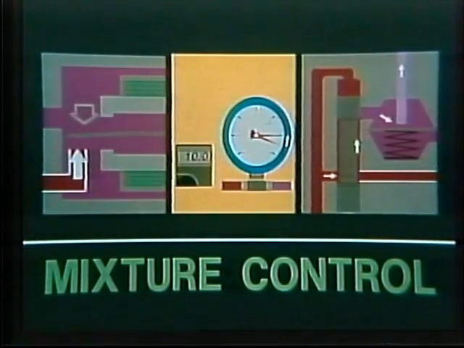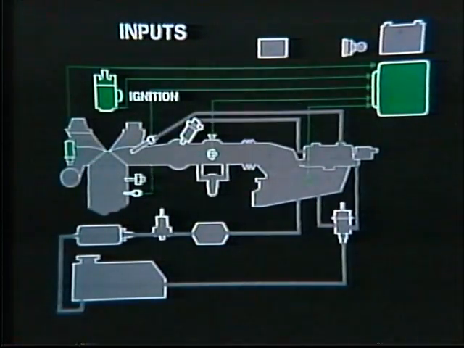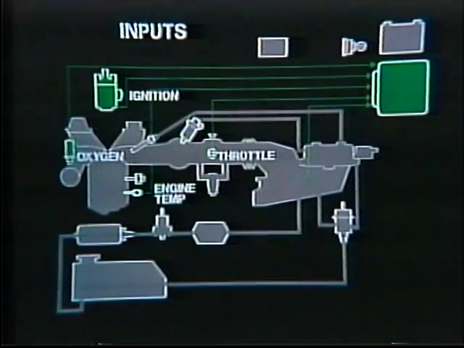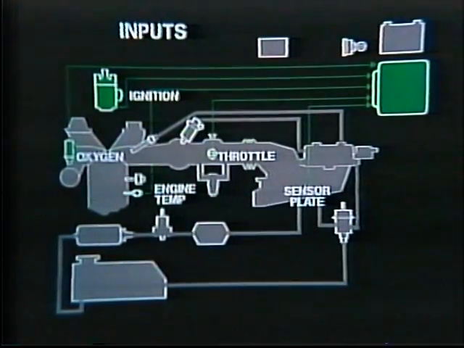Mixture control depends on variations in pressure drop. In this section, you'll put the theory to use. KE mixture control depends on inputs from sensors, including ignition circuit for engine speed, oxygen sensor, engine temperature sensor, throttle switch for closed and wide open throttle indications, and a sensor special to KE that signals movement of the sensor plate.